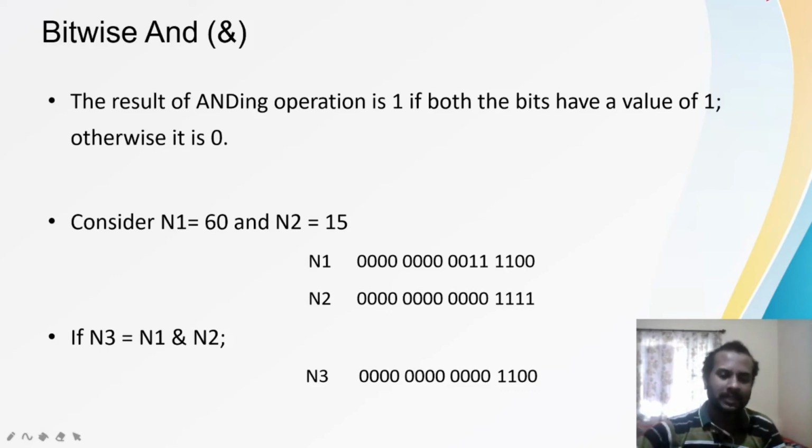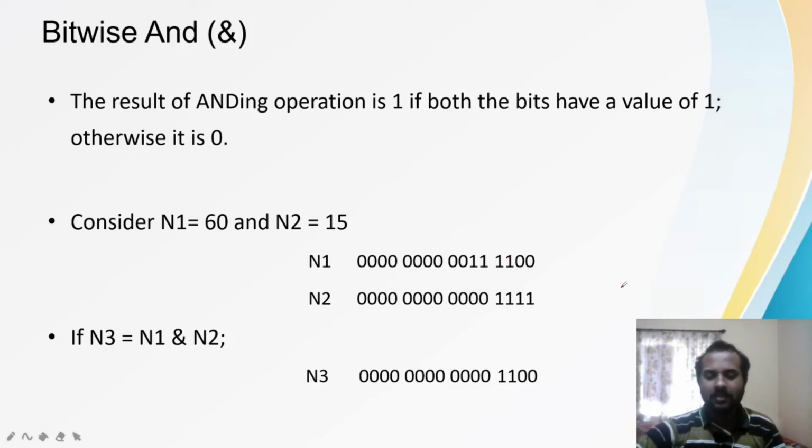I have taken examples where I have N1 and N2, and I am trying to AND N1 and N2 into N3. So this is N1, this is N2, and this will be N3. Now let us expand N1. 60 is represented in the bitwise format, and 15 is again represented in the bitwise format.